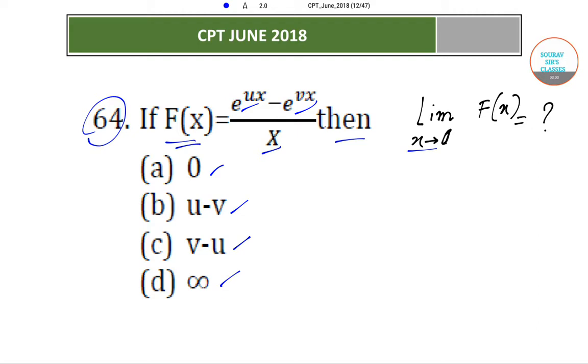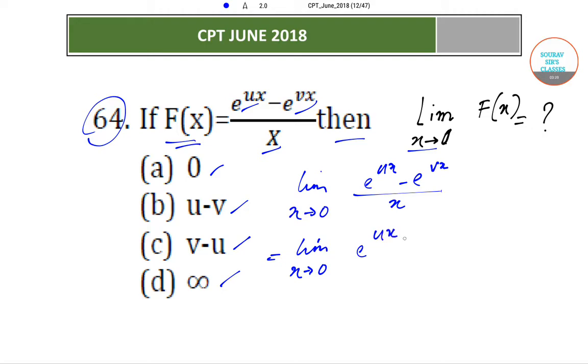Now the limit of f(x) is basically (e^(ux) − e^(vx))/x as x tends to 0. We can break this down as the limit as x tends to 0 of (e^(ux) − 1 + 1 − e^(vx))/x.